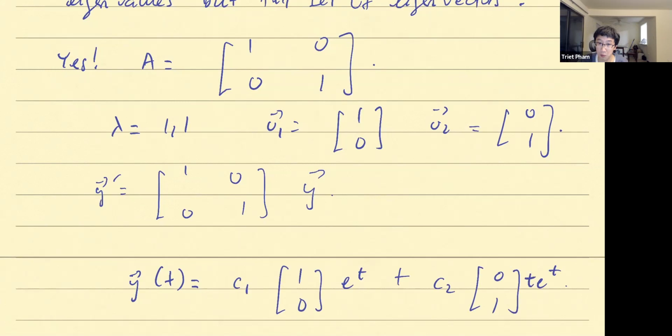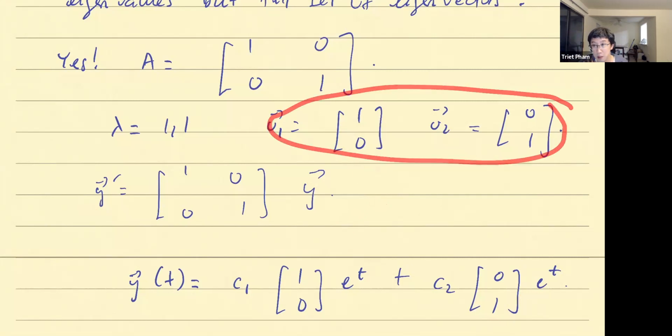A t here would be completely wrong. You can see that because obviously this has solutions e to a t and e to a t. So putting a t here is completely wrong. It's wrong from the decoupled point of view. And from the eigenvalue, eigenvector point of view, it's wrong because it has two eigenvectors.